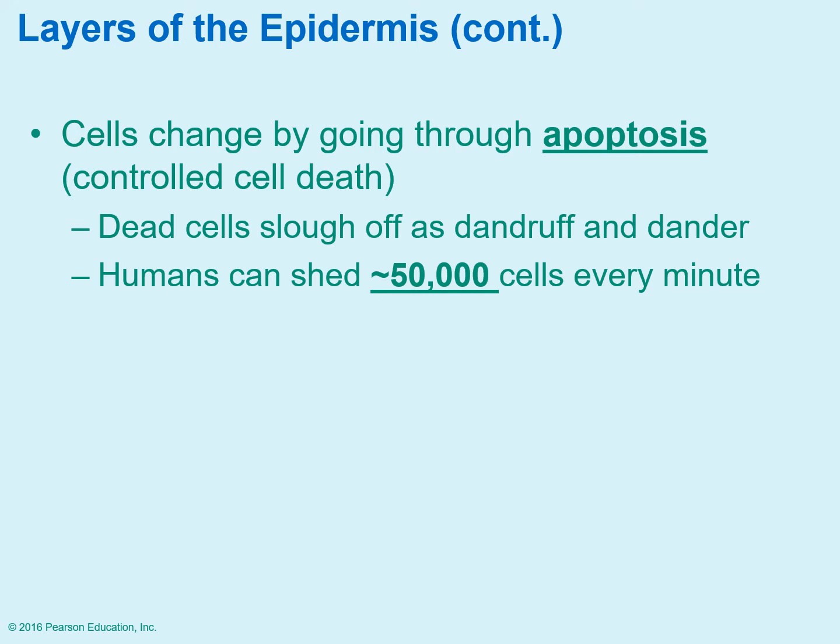If the space is taken up by a good one, then a bad one can't get there. Let's say a harmful bacteria does get on the surface of your skin. Well, if you're sloughing off these dead cells, oftentimes you're sloughing off the microorganisms that are on them. So it's another protective mechanism of trying to keep you from getting infected.